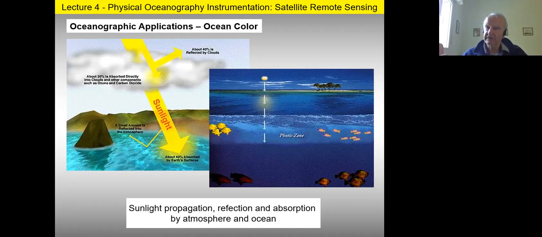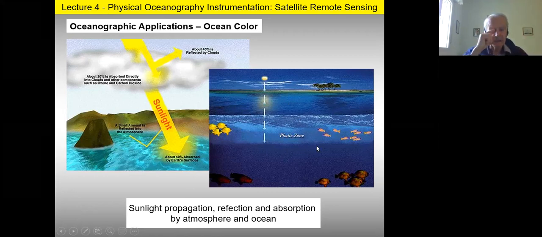Not only sea surface color, because what is going on is that the sun transmits the energy at the sea surface in the visible part of the spectrum, which enters into the sea and is absorbed in the first layer of the ocean, which we call the photic zone.